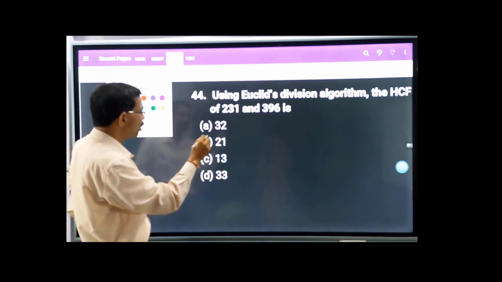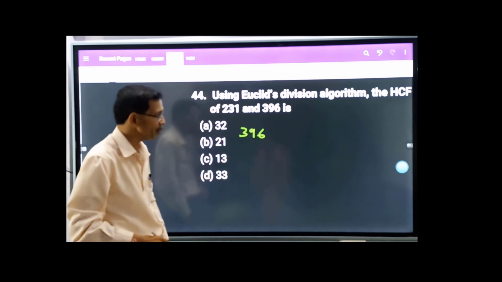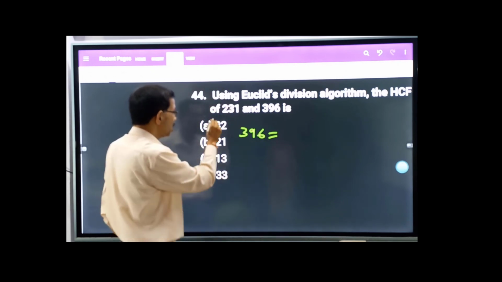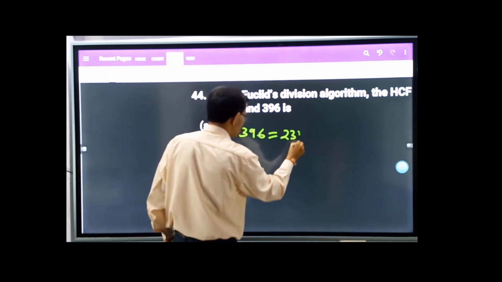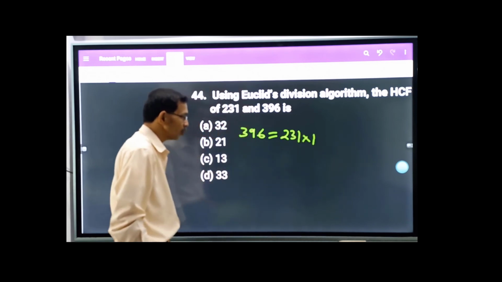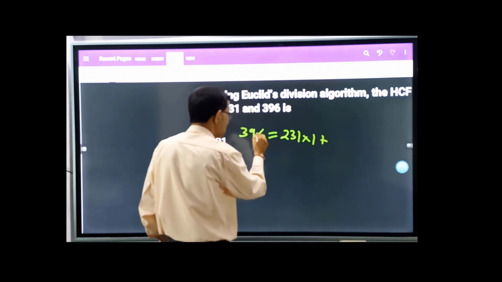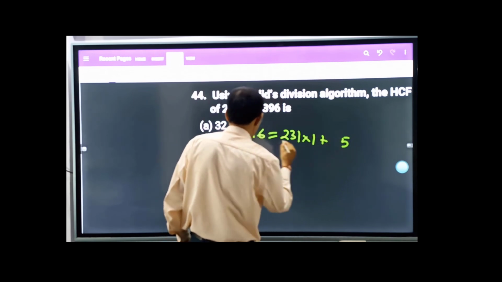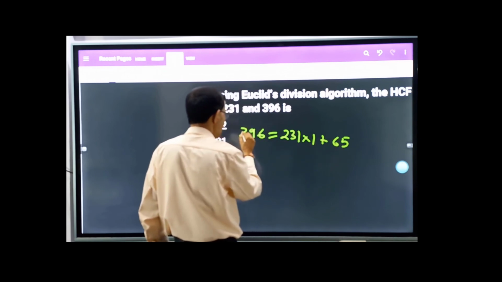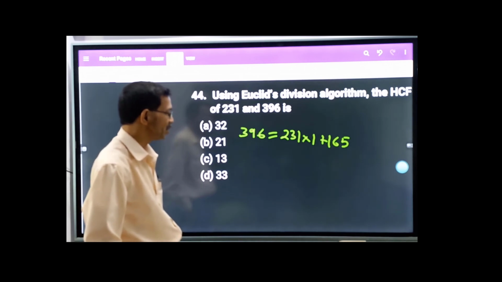So 396 is the bigger number, and you have to write it in terms of 231 multiplied by 1, and when we subtract, the remainder is 165.